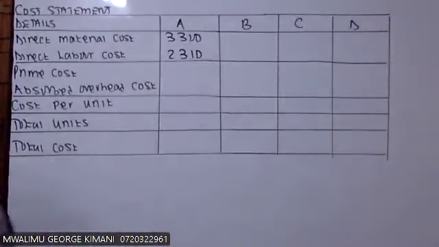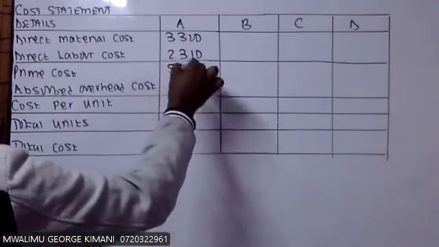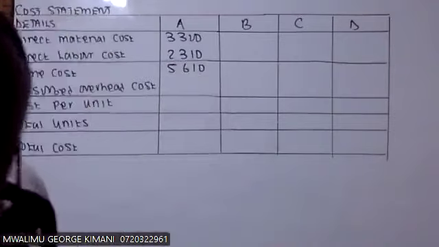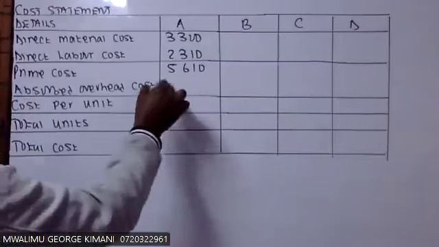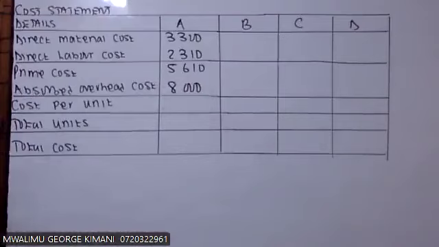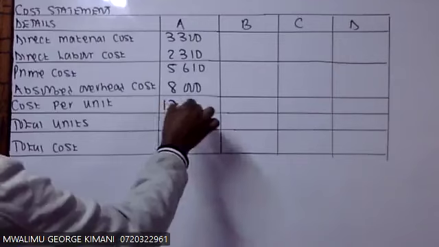So you just add, and this will be 5610. The absorbed overheads was 8,000. So you add this and you get 13,610.